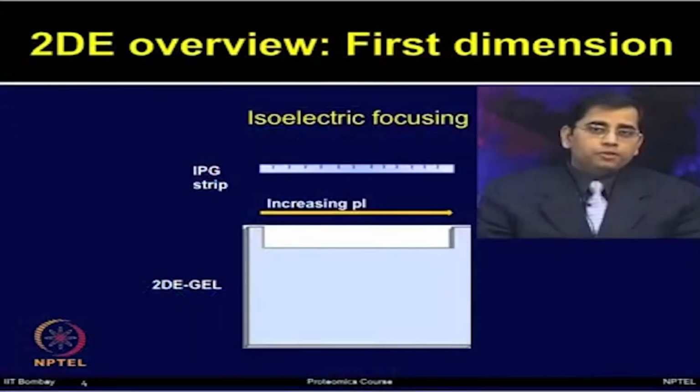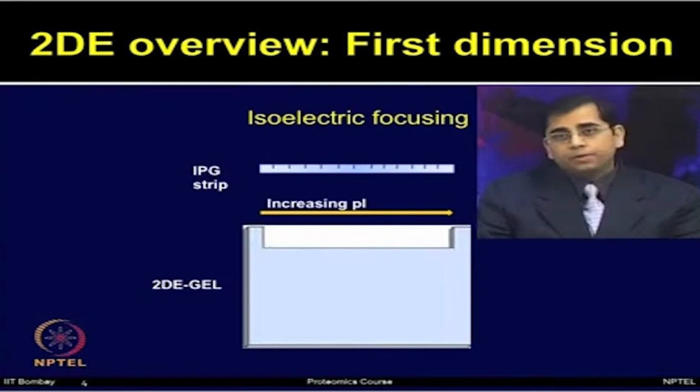So, first of all, you need to extract the protein from a given sample, and that becomes a very determining factor for various applications, regardless of whatever questions you have in mind which you want to address by using two-dimensional electrophoresis. First of all, you need to make a very good protein extract, and by very good extract, I mean it should have minimal interfering components.